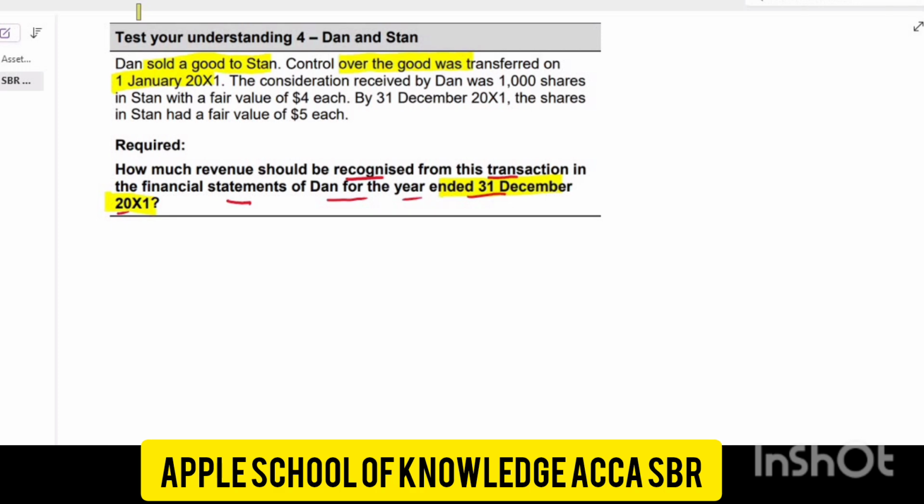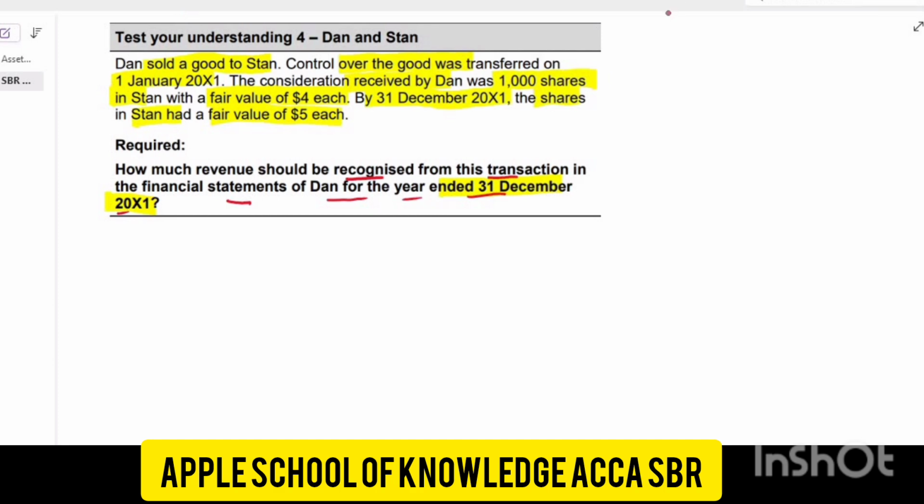The consideration received by Dan was 1,000 shares in Stan, with a fair value for each. By 31st December 2001, the shares of Stan had a different fair value.